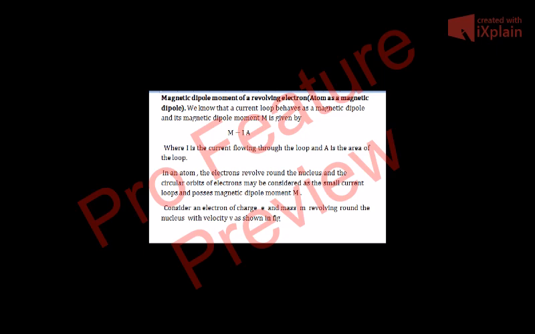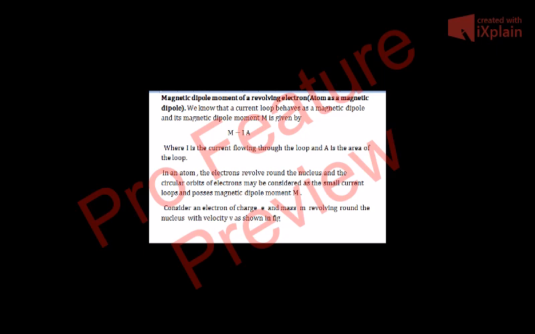Now, in an atom, what happens? The electrons revolve around the nucleus. We all know that, and the circular orbits of electrons may be considered. We can treat them as small current loops, and we will expect that they possess magnetic dipole moment M. Because when a charge flows in a circular loop, it is the electron which flows around the loop.